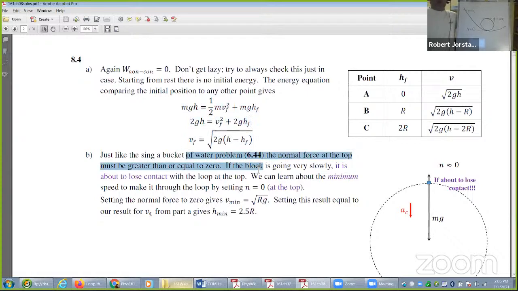And there's the swing-the-bucket-of-water problem. If it's about to lose contact at the top, we set the normal force equal to 0. So mg equals m a_c. From that, we get this minimum speed equals that. And if you stick all this into here, we discover that h min is 2.5r. That's where that value comes from. I'll let you do the work on that later.